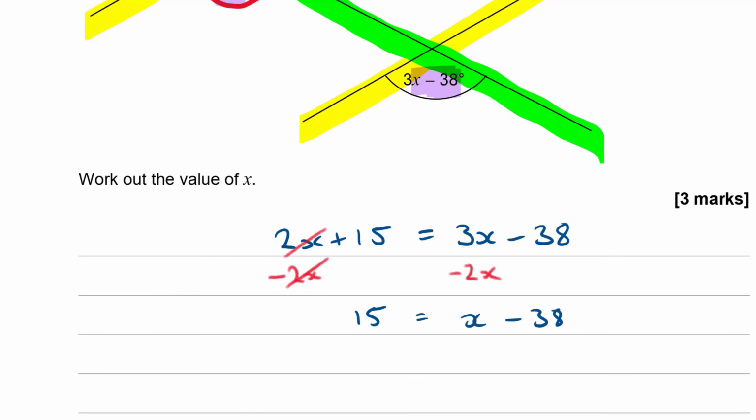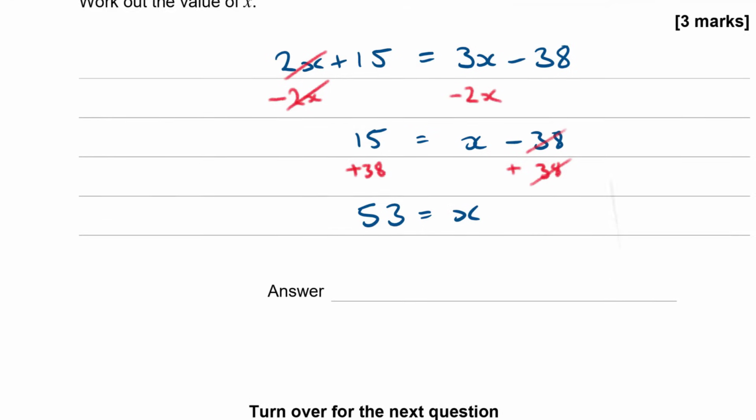Now, all I need to do is add 38 to both sides. You'll see that minus 38 plus 38 are going to cancel each other out, leaving you with x on the right. And on the left, 15 plus 38, that's 38, 48, 53, isn't it? That tells me that x is equal to 53.